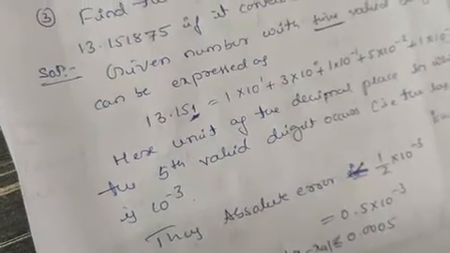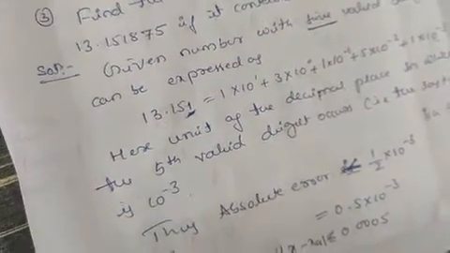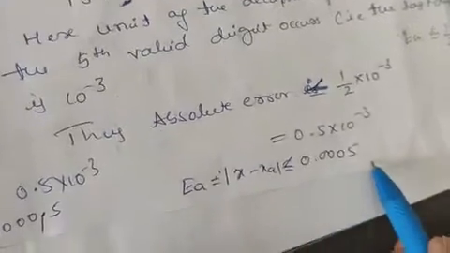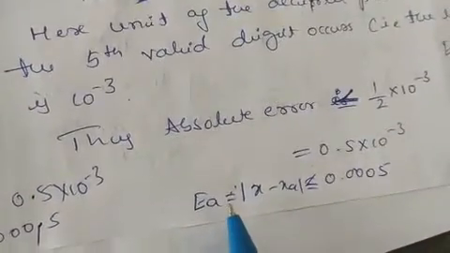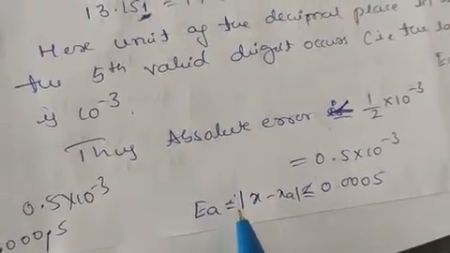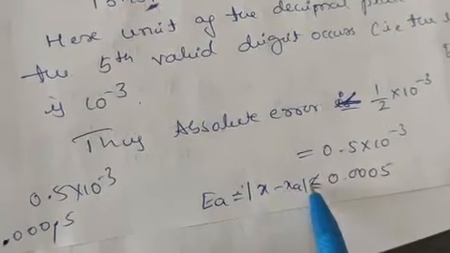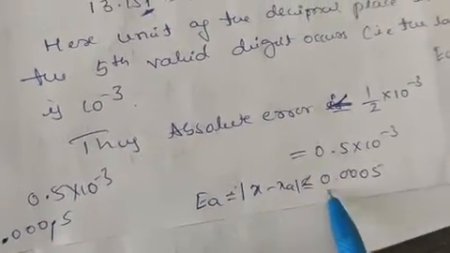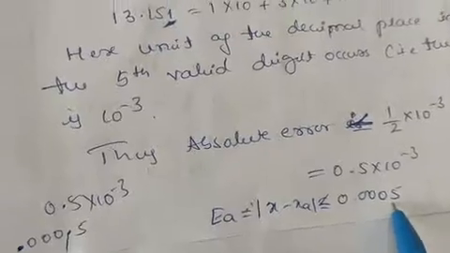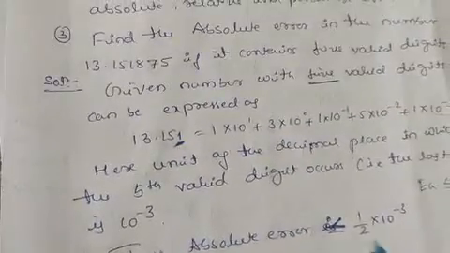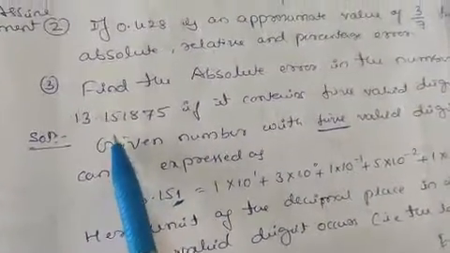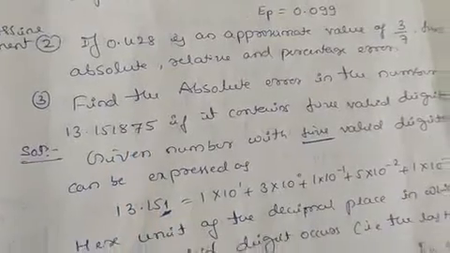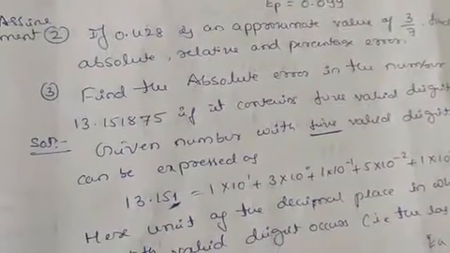So the decimal point comes here and it becomes 0.0005. So the absolute error, mod of x minus xa, is less than or equal to 0.0005. This is the absolute error when the given number has 5 valid significant digits. Thank you.